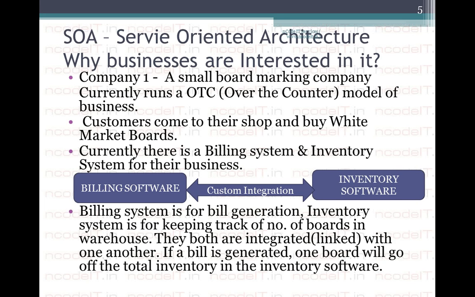Hence they need to continue their over-the-counter setup so that people can still come to your shop and pay at your counter, buy the board. At the same time, you should offer customers a choice to buy online, because nowadays everybody wants to buy online. Because that gets shipped directly to your house. You don't want to go there and go through all this nonsense traffic. And I think if you are probably not staying in Hyderabad, Bangalore, you know the problem with traffic. You don't want to go anywhere.